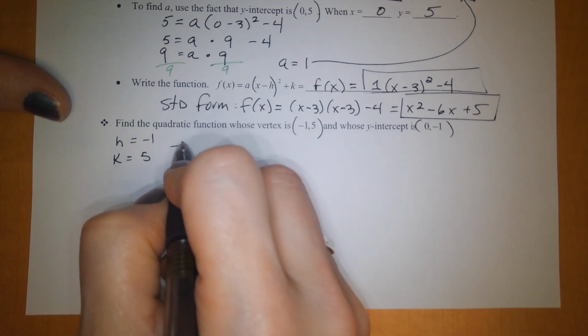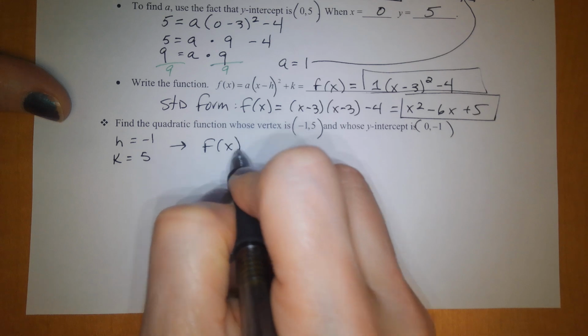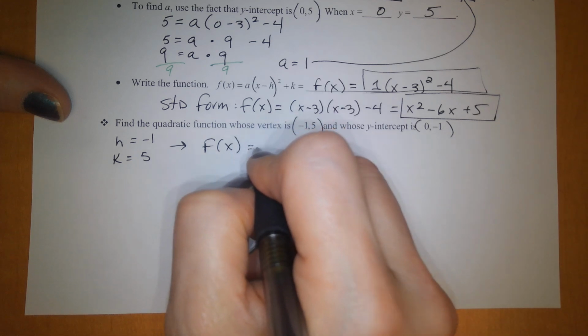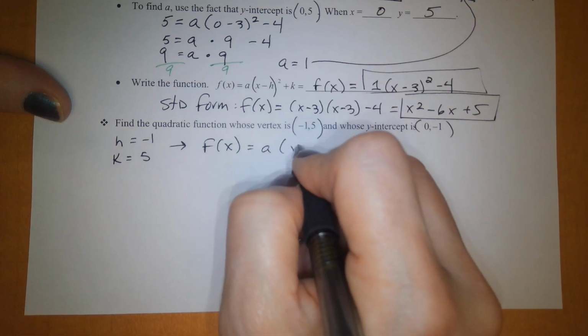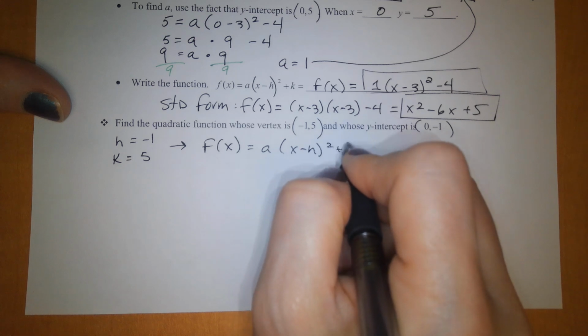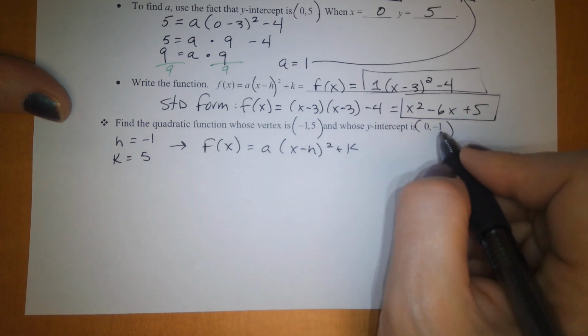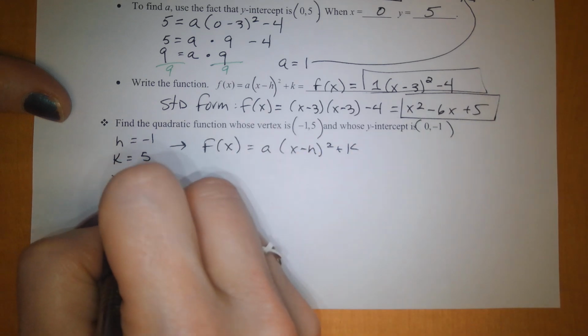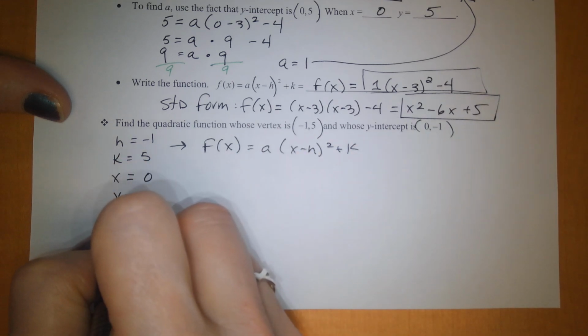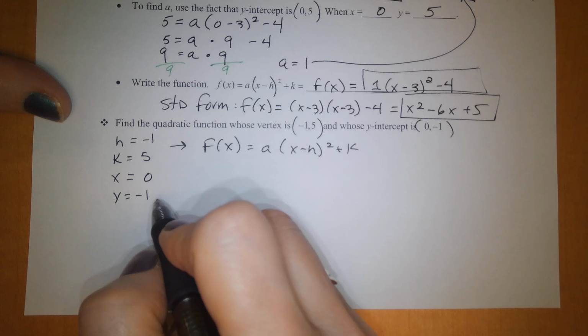And then we plug those into the general form of all parabolas, which is a times (x minus h) squared plus k, and we plug those values in. Also, we'll plug in the values of x and y. x is 0 and y is -1.